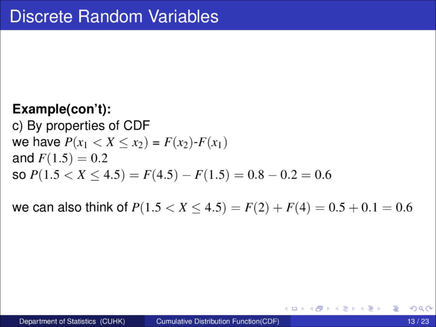So the probability of X being larger than 1.5 but smaller than or equal to 4.5 is equal to F(4.5) minus F(1.5), which is 0.8 minus 0.2, equal to 0.6. We can also think of it as the probability of X being larger than 1.5 and smaller than or equal to 4.5 as f(2) plus f(4), which is also 0.6.